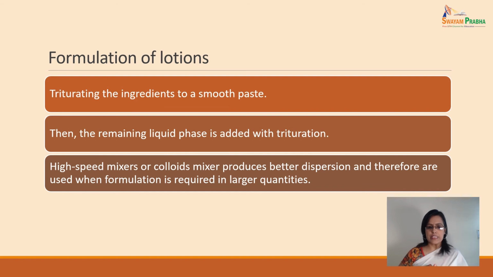High speed mixers or colloid mixers produce better dispersion and therefore are used when the formulation is required in large quantity. At laboratory we can simply use a mortar and pestle to triturate and then to add and prepare the lotion, but when we are preparing it on large scale, high speed mixers and colloid mixers are used in the formulation of lotion.